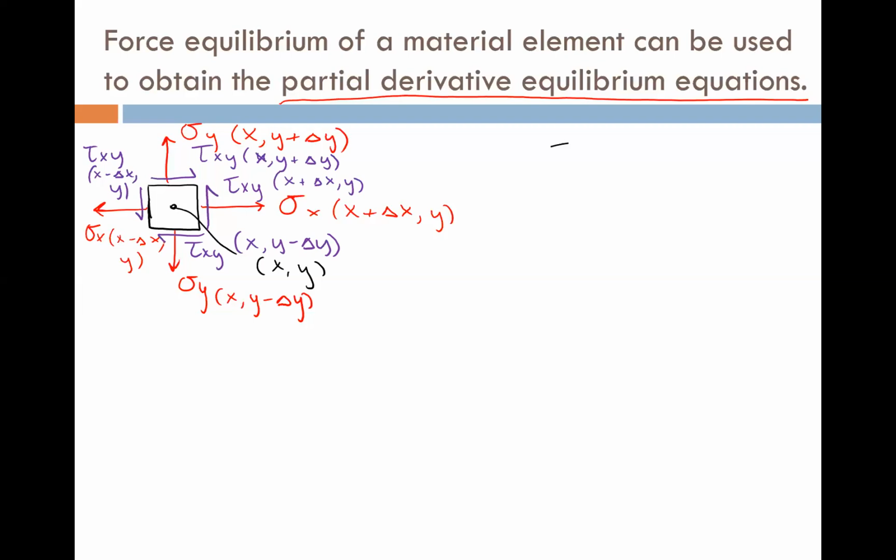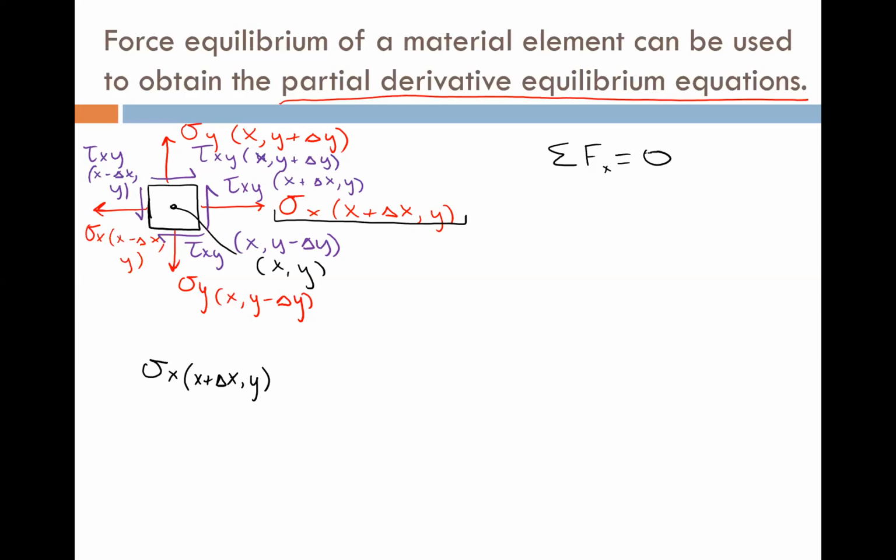And we want to calculate the sum of the forces in the x direction equal to 0. So let's get started. We will start with this component here. So I'll say sigma x that occurs at x plus delta x, comma y.